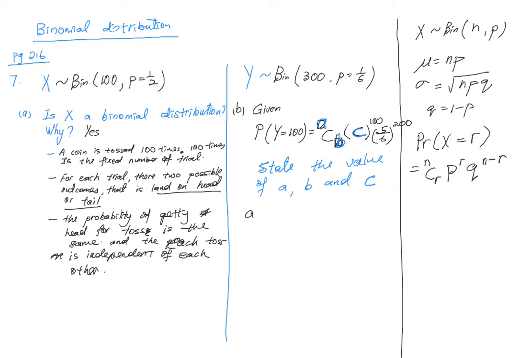So A will be, in this case, 300, B is 100, and my C is 1/6, right? So what else can I ask you? I can ask you to find the probability like what you have in your textbook.